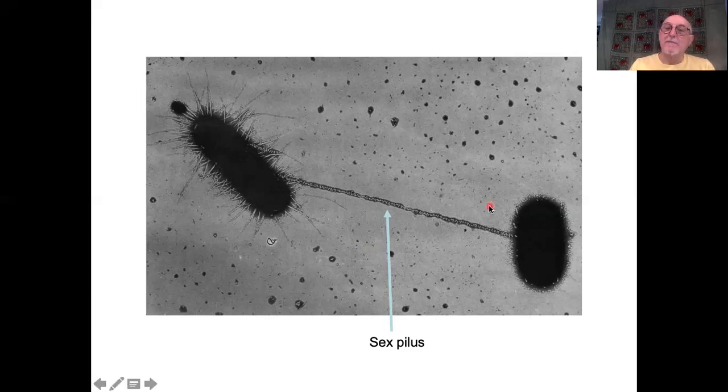It builds this pilus and pulls up close to the other cell, and it makes a copy of the entire plasmid, and donates that copy to the cell.